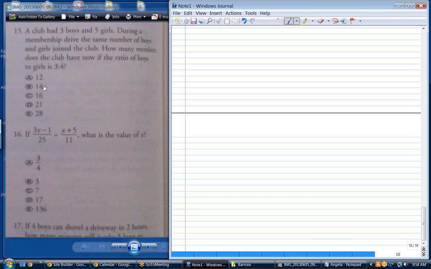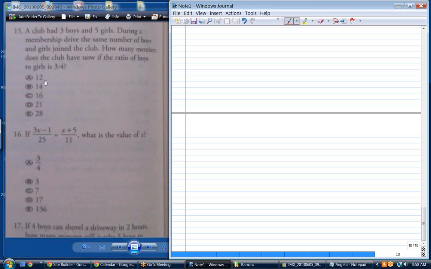Let's start with 14. Can we figure out a breakdown of 14 that results in boys to girls being 3 to 4? Total those up. What do they add? 7. Okay. Since 7 is a factor of 14, that's a real good thing.